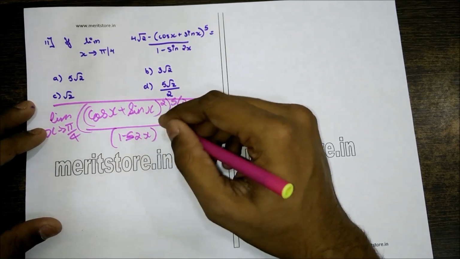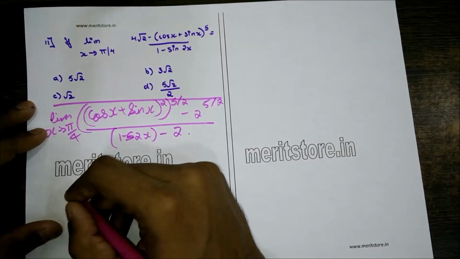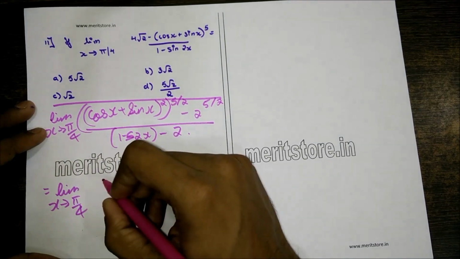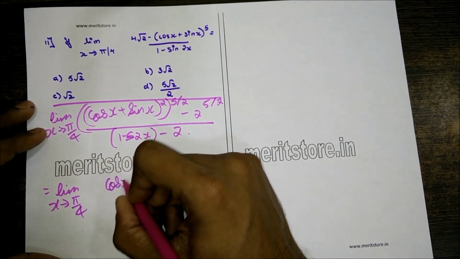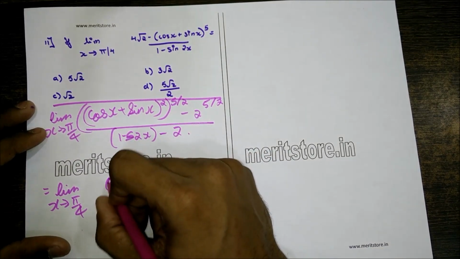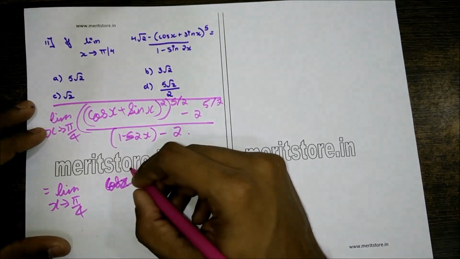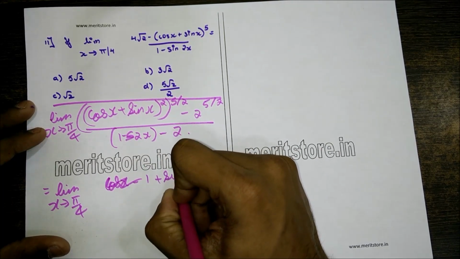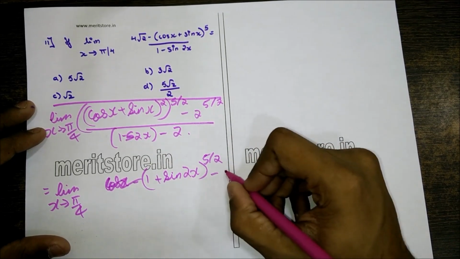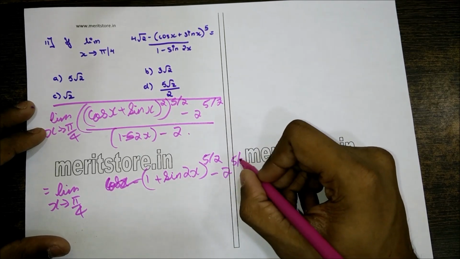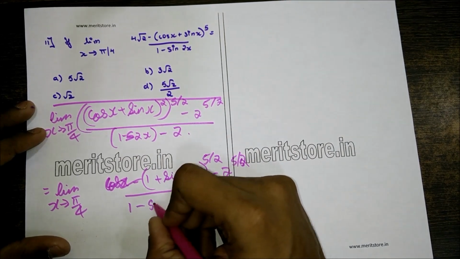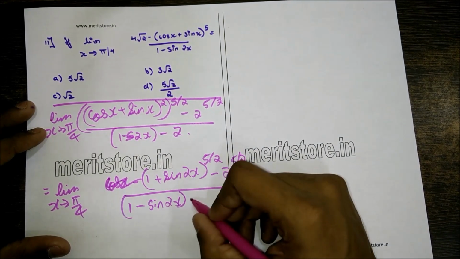Sin 2x minus 2, which gives us limit of x tends to pi by 4 cos x. We replace cos x in the numerator with 1 plus sin x raised to 5 by 2 minus 2 raised to 5 by 2 upon, and the same denominator, 1 minus sin 2x minus 2.